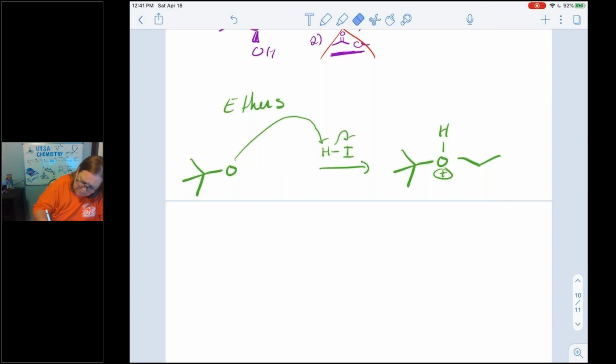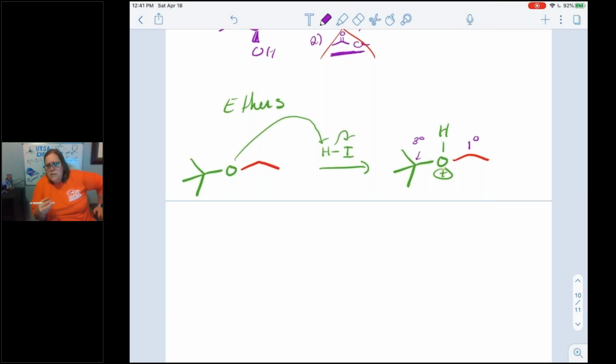If I look here, this oxygen here, which I drew kind of crappily, let me clean this up a little bit. This carbon here is a primary carbon. This carbon here is a tertiary carbon. So I've created my good leaving group.